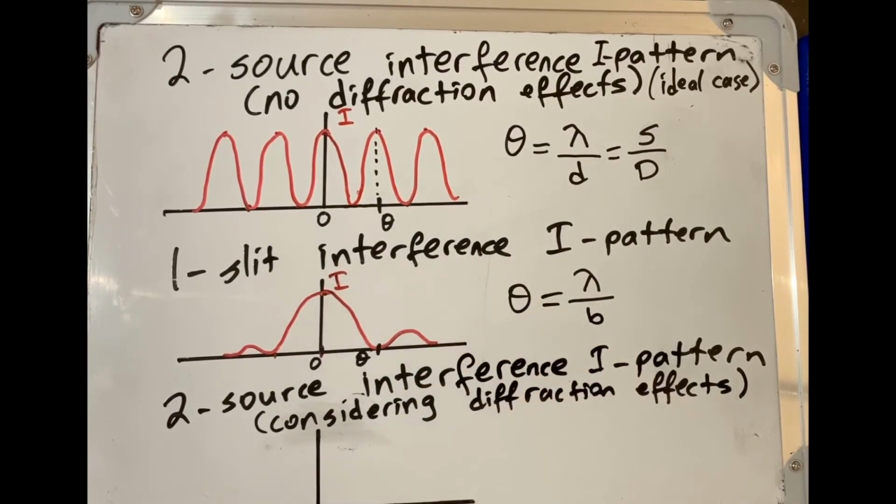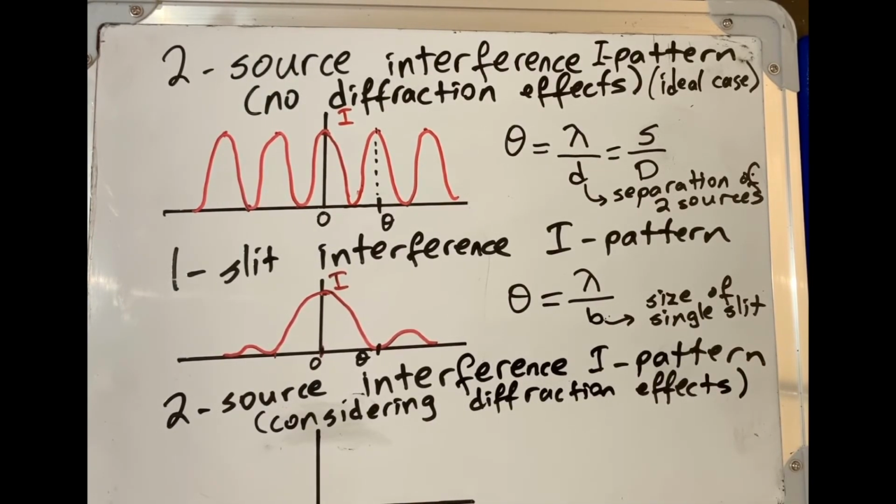The angle is not the only difference between these two cases. D is the separation of the two sources. B is the size of the single slit. I'm going to add a third case to this scenario, which we will get back to later.